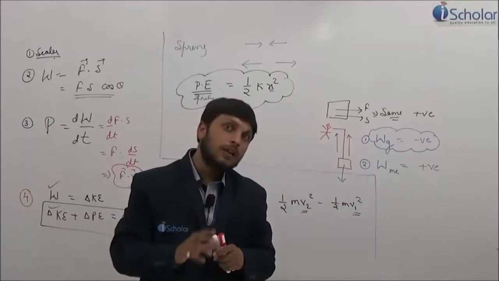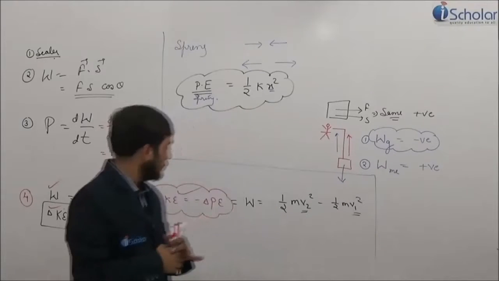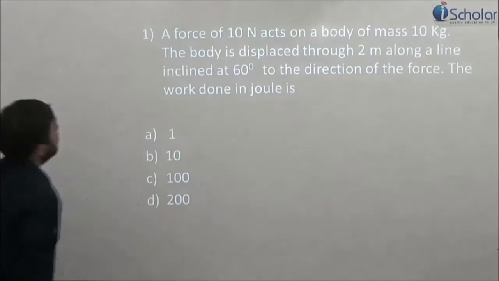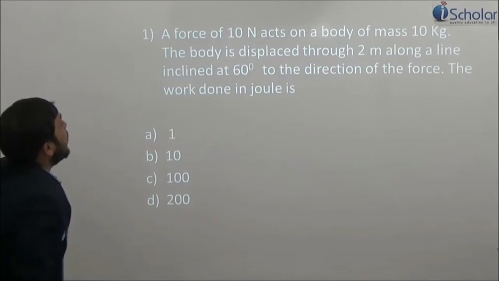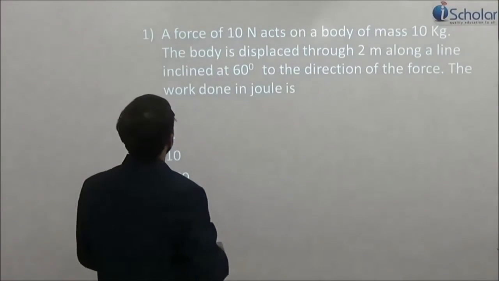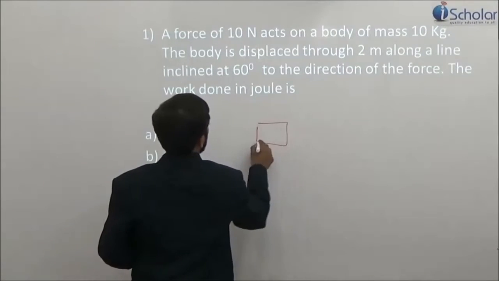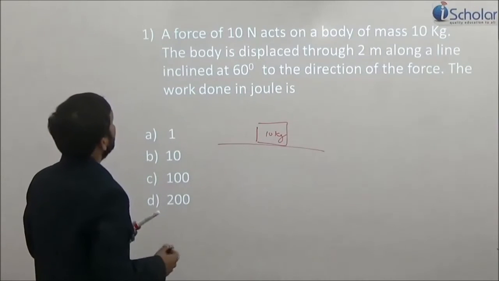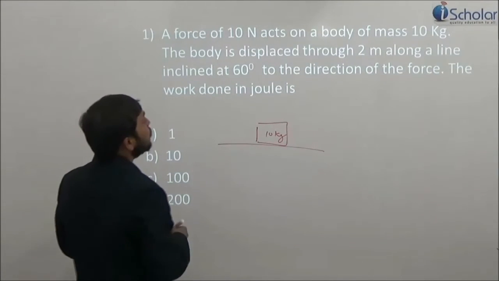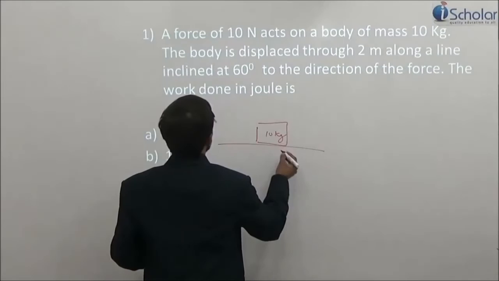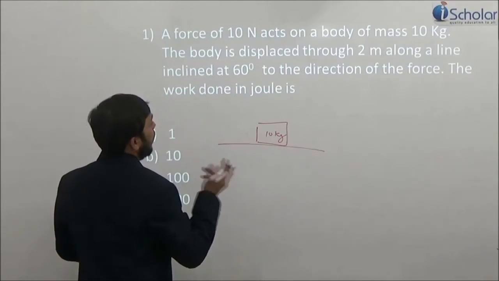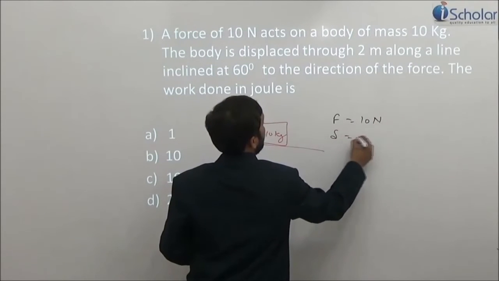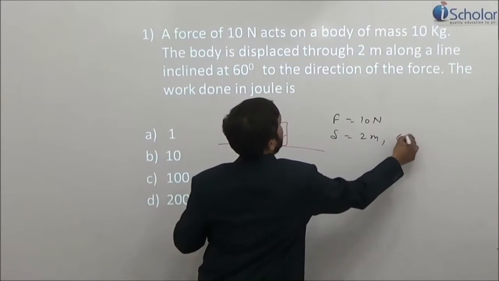Now this will clear the whole concept. So question number 1 appeared. A force of 10 Newton acts on a body of mass 10 kg. The body is displaced through 2 meter along a line inclined at 60 degree. Force is equal to 10 Newton, displacement is 2 meter at 60 degree.